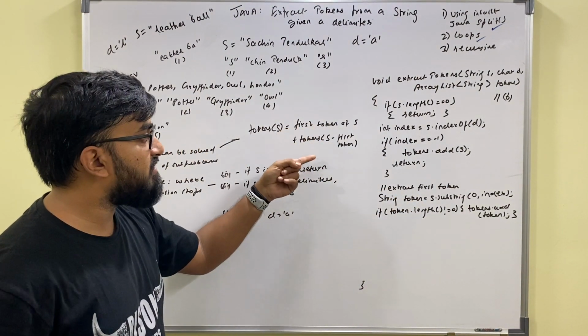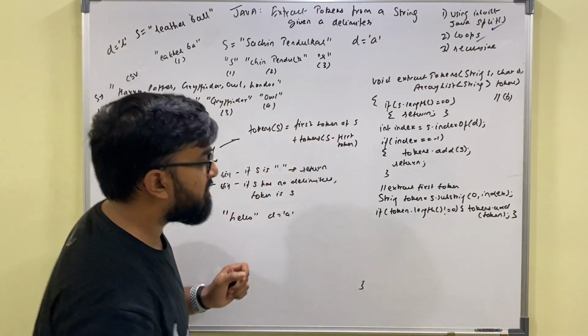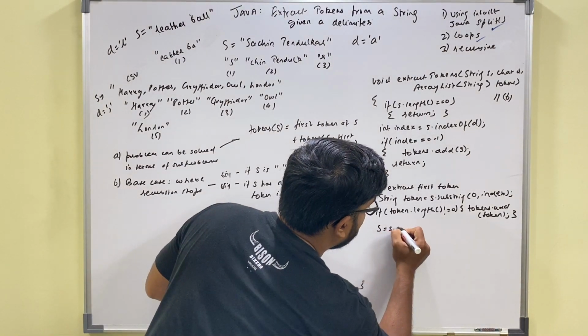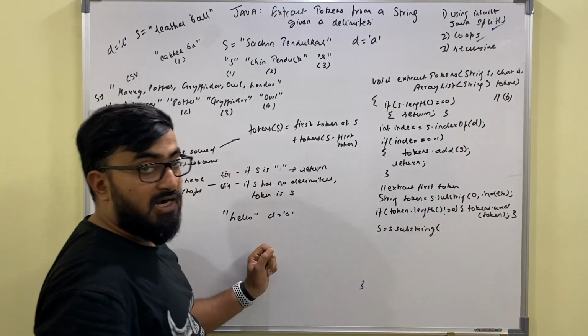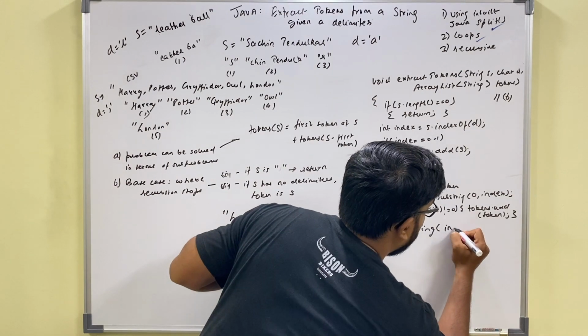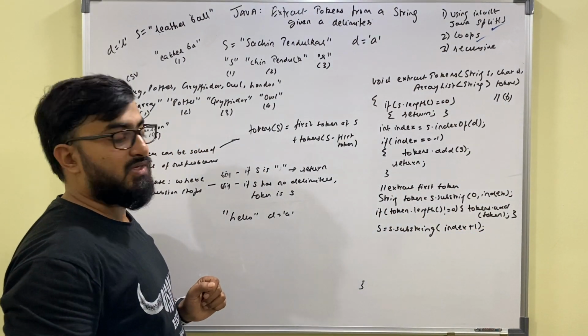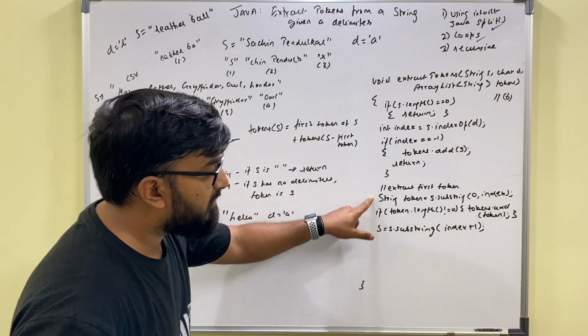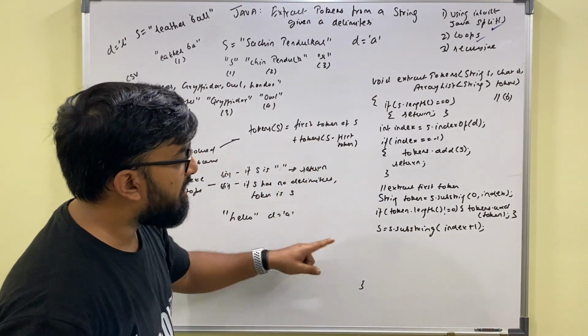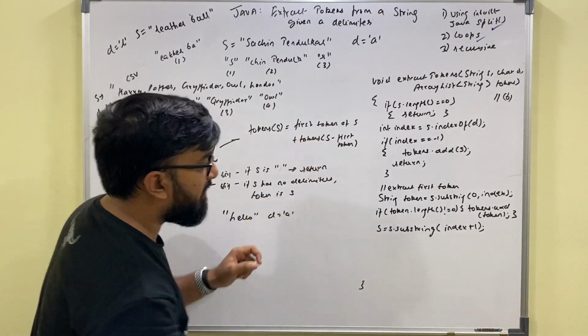For the recursive case, now you need to recur. When you need to recur, you need to remove this first token from S. So you say S is S.substring, where the substring starts from where you start finding your next token, which is index plus 1. So these two lines get me the first token, and this gets me the string S minus the first token, and now I need to recur.